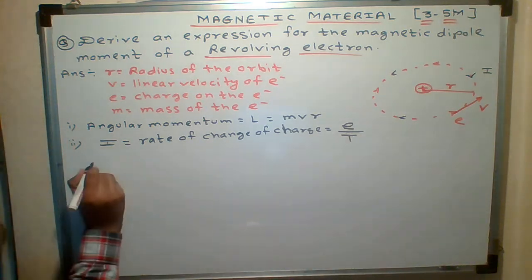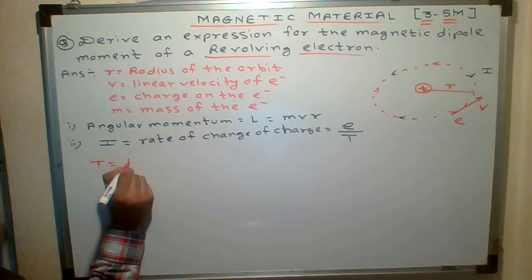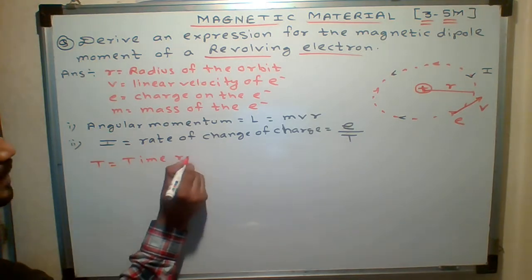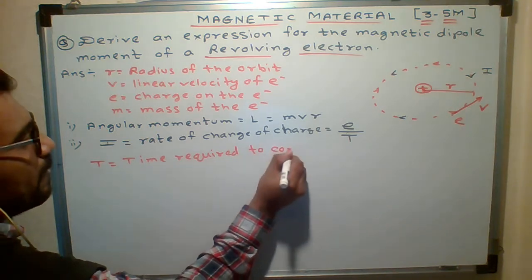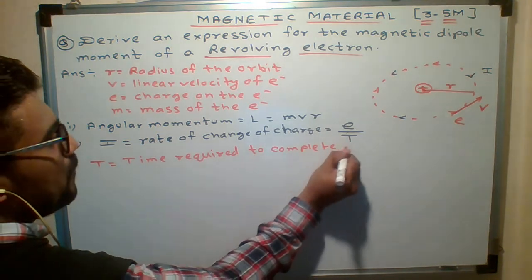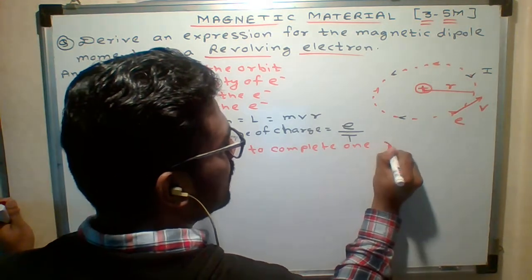What is T here? T stands for the time required to complete one revolution. That is called the period. Time required to complete one revolution.